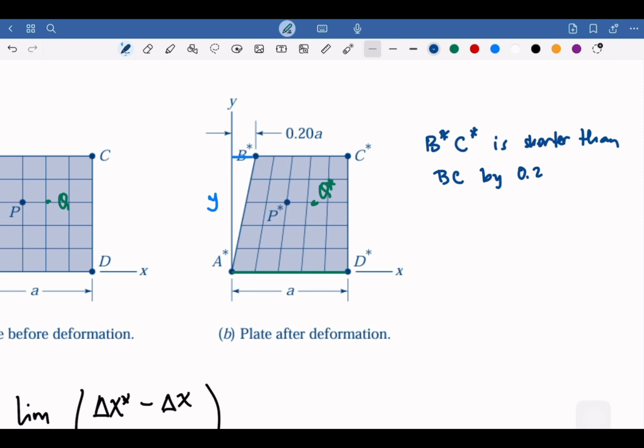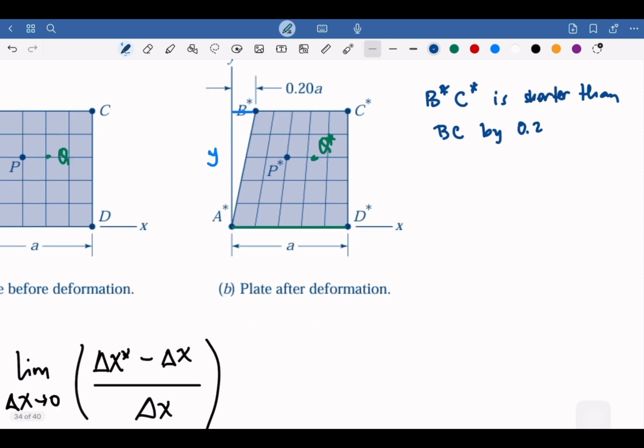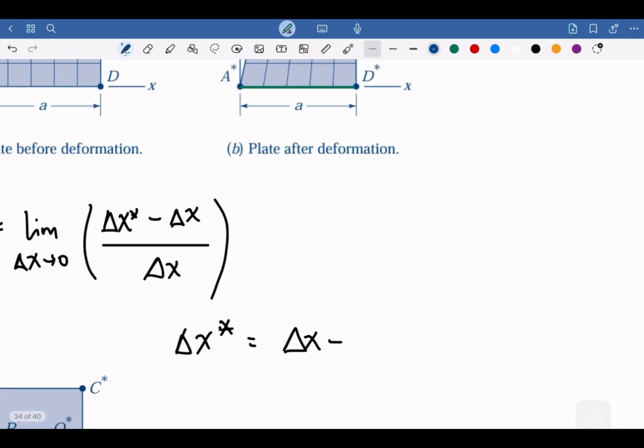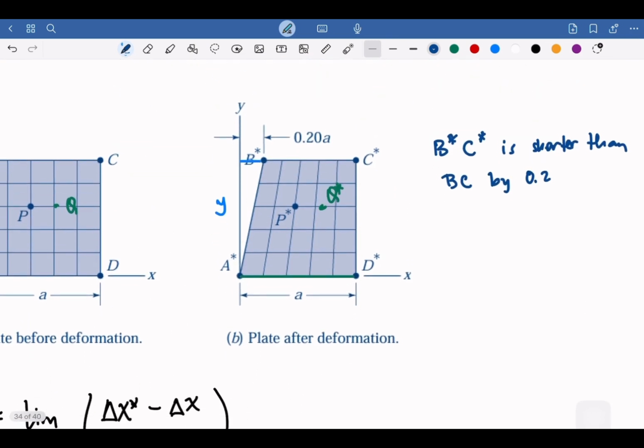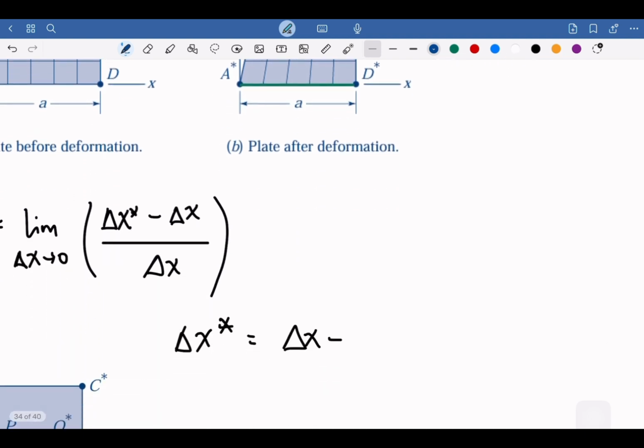And then the shortening of horizontal lines will be linearly related to the vertical line, which is the y, right? So we could say that the delta x asterisk is the delta x minus y over a.